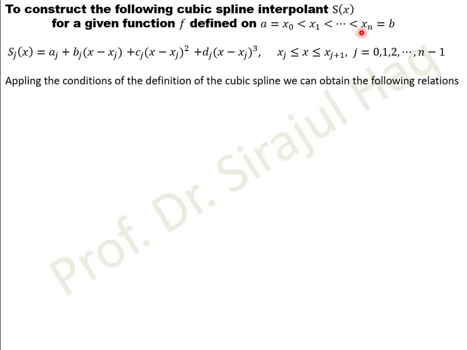If you use the conditions of the definition, and if you remember, there were 6 conditions which we were using. The conditions were about the continuity of the spline, continuity of the derivative of the spline, continuity of the second order derivative of the spline, and finally the conditions at the boundary points.